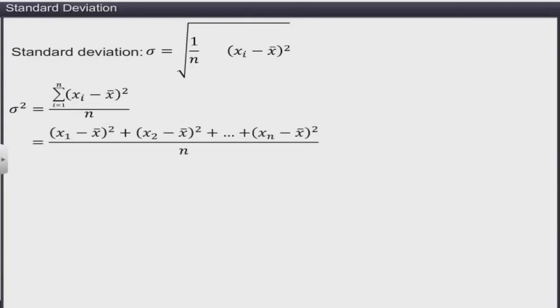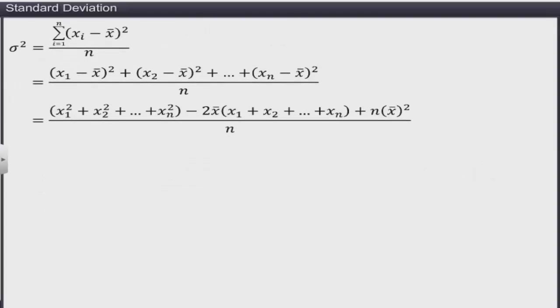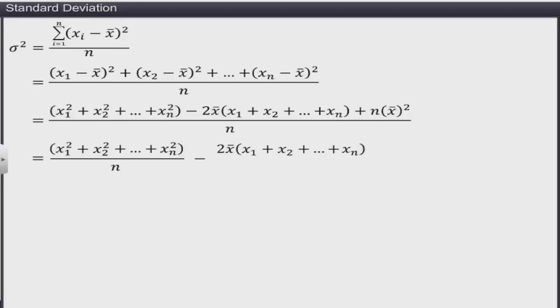On rearranging the terms and simplifying, we get x1 squared plus x2 squared plus so on till xn squared whole divided by n, minus 2 x bar multiplied by x1 plus x2 plus so on till xn whole divided by n, plus n multiplied by x bar squared whole divided by n. We know that the sum of the observations divided by the number of observations gives the mean of the observations.